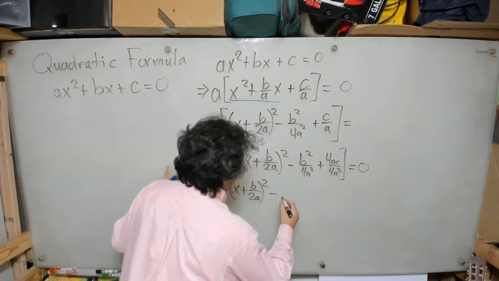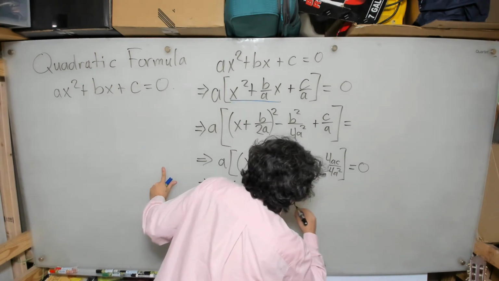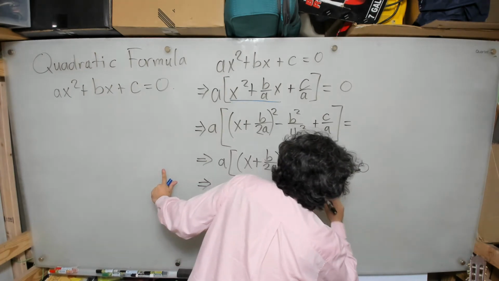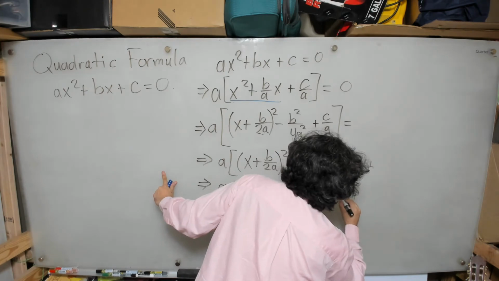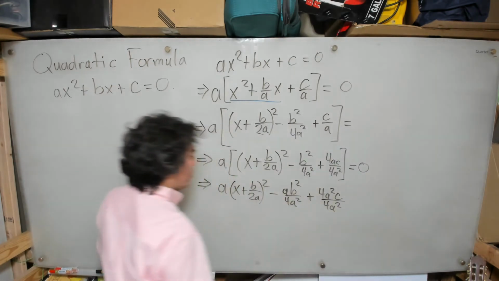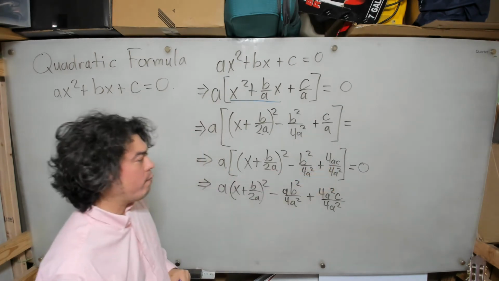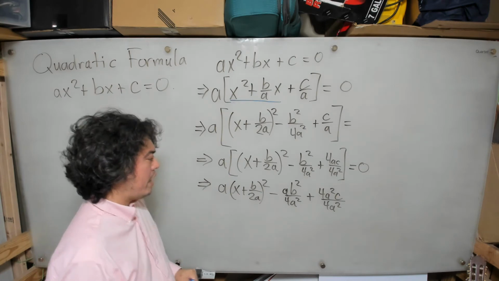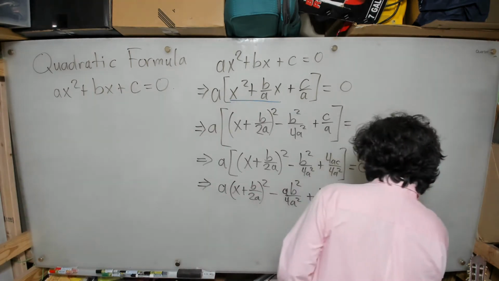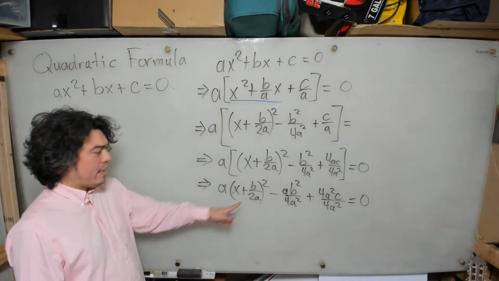Well, let me actually write it all out for you. A b squared over 4a squared plus 4a squared c over 4a squared. Notice how this a times the a in the numerator became 4a squared in the numerator, and that's going to equal 0. And then what I want you guys to observe is that I can cancel out.